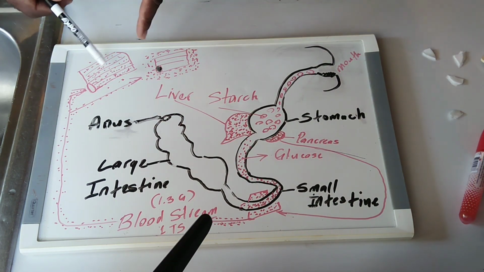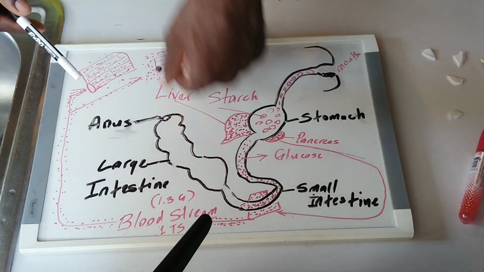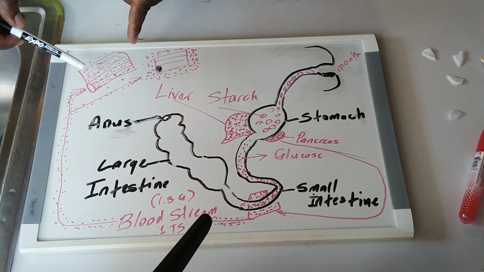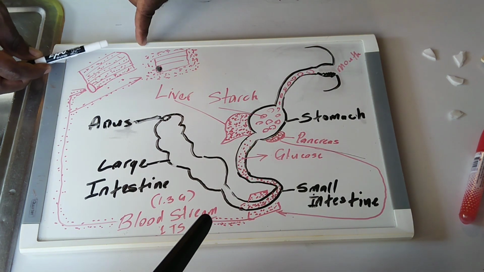That process occurs where the pancreas produces insulin and sends the insulin to the blood. The insulin is like a key that opens the insulin receptor cells in the muscles, storing the glucose in the muscles where it's supposed to store.